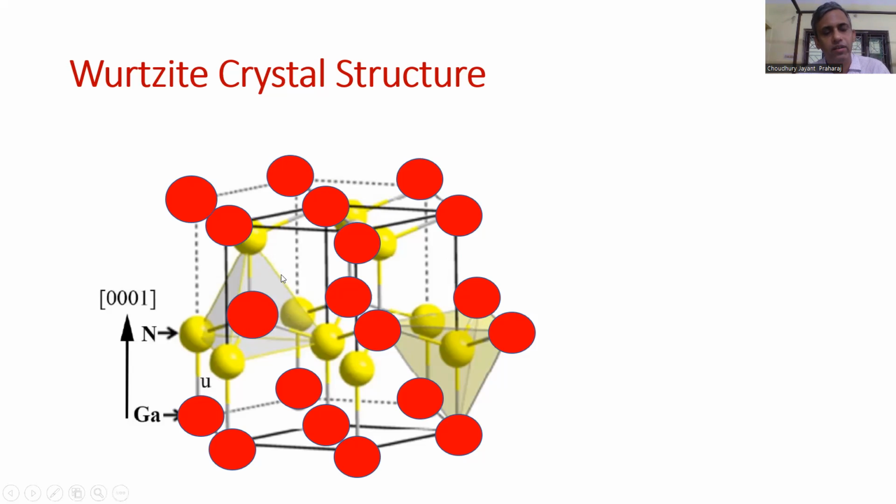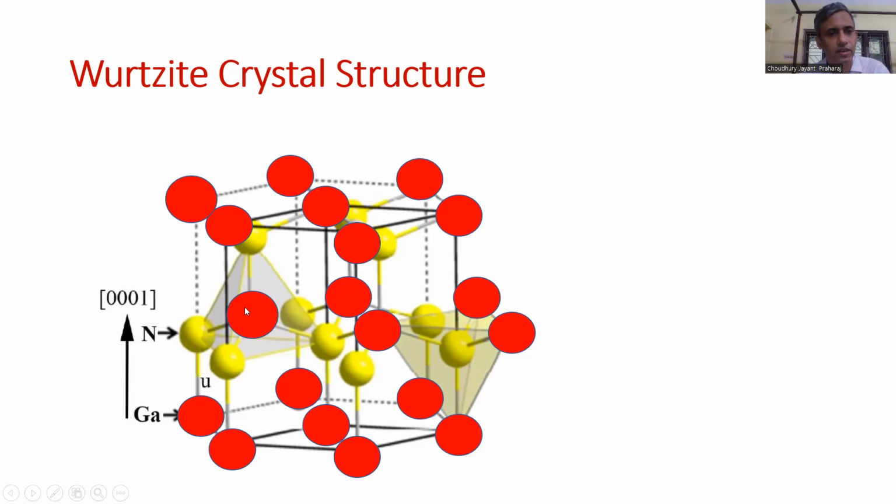In the cubic crystal structure, the bonding has exact tetrahedral symmetry, so that the 4 bonds are of equal length and have the exact tetrahedral bond angles. So in the wurtzite structure, as I mentioned, the bond lengths are different along the vertical direction and at angles to the vertical, and that also distorts the angle from the exact tetrahedral angle.